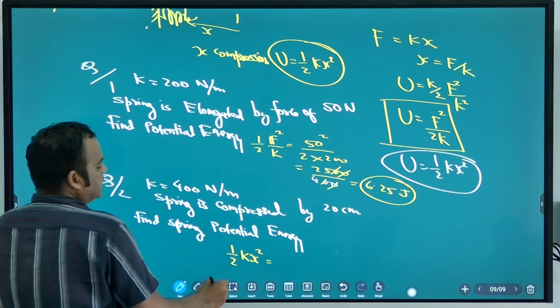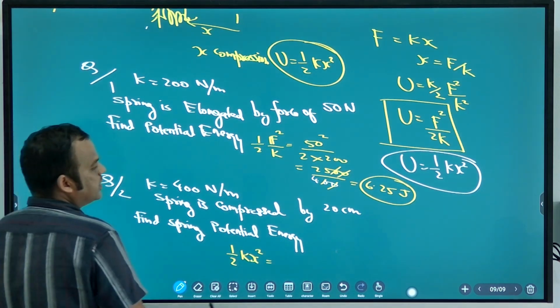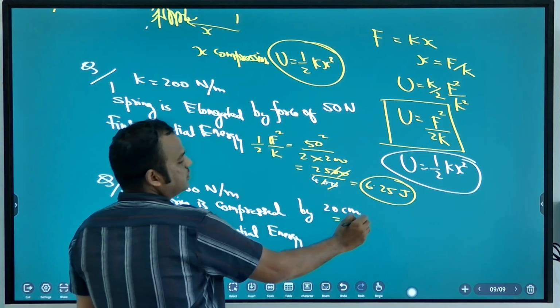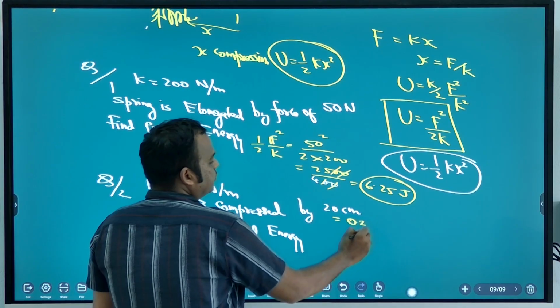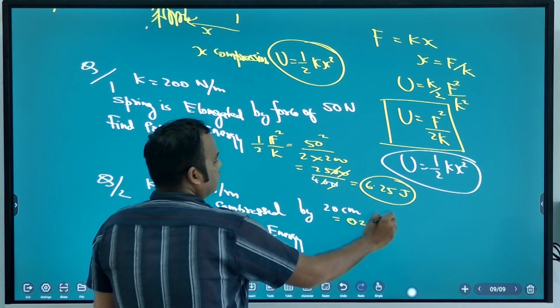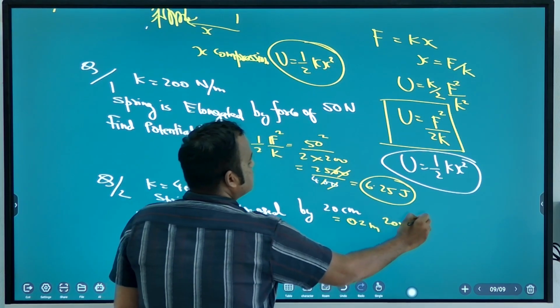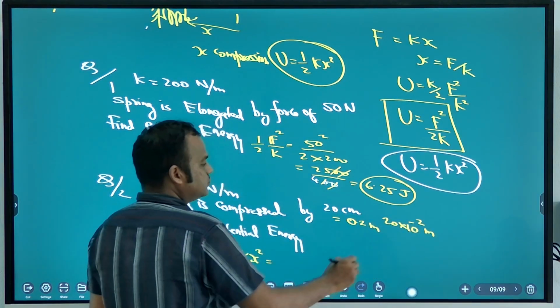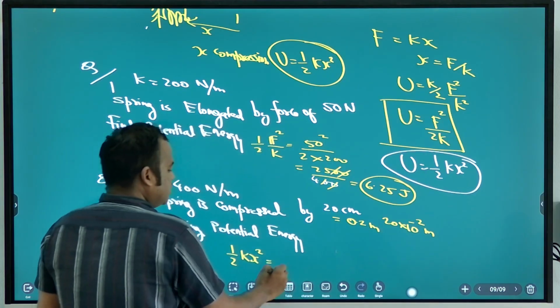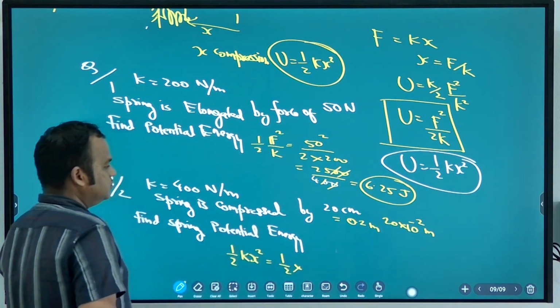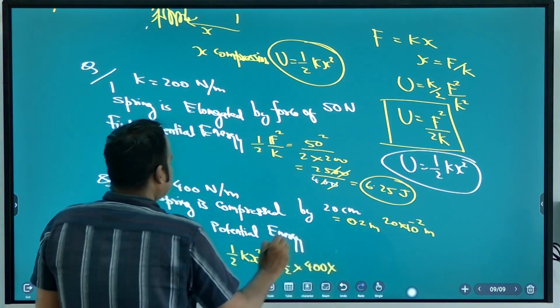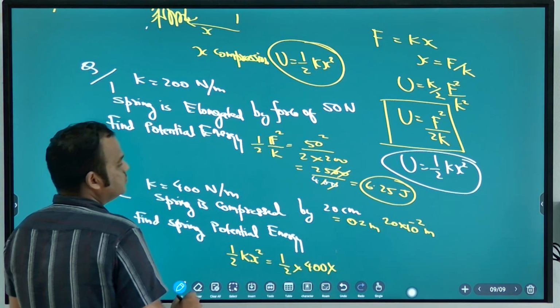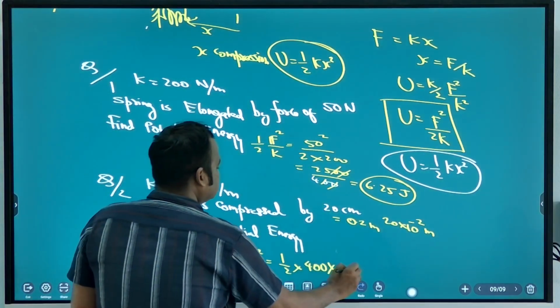Next, half kx square. X you convert in meter. How much in meter? 0.2 meter, or 20 into 10 raised to minus 2 meter. So half k, k is 400, x square, 0.2 square. What is your answer?